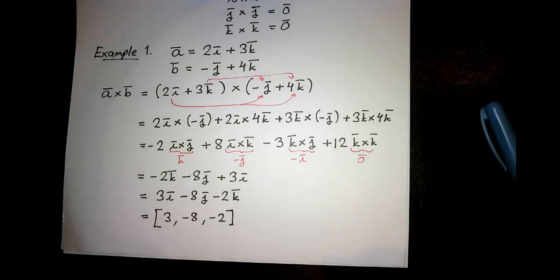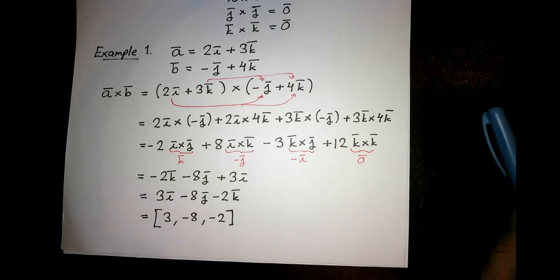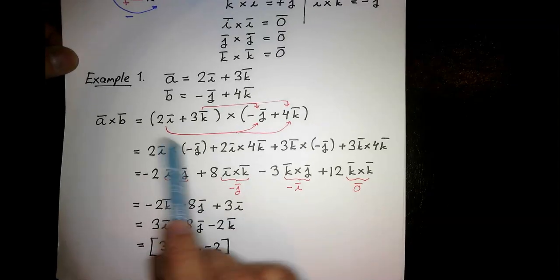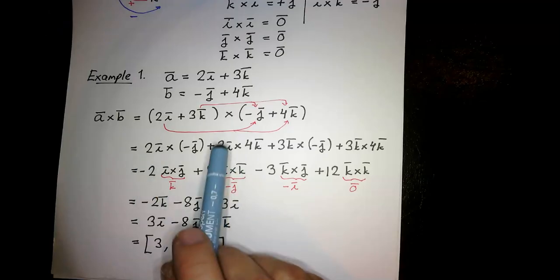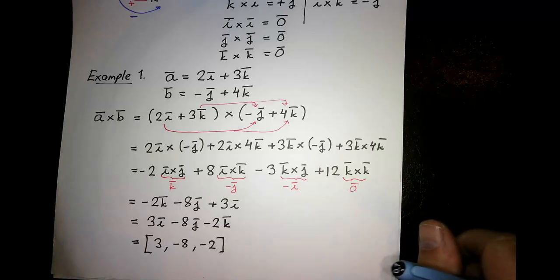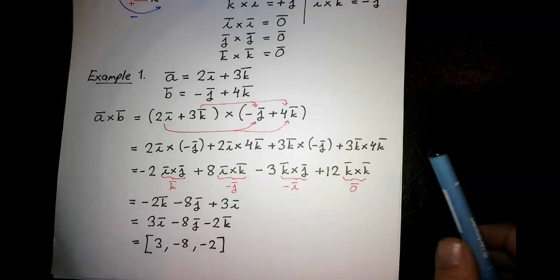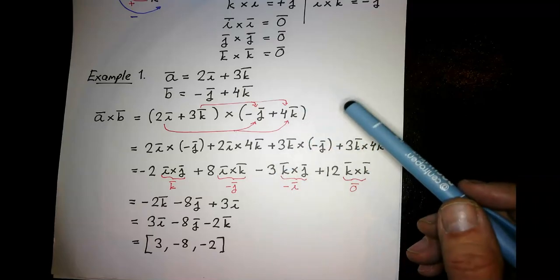Well, this is one way to solve this cross multiplication between two vectors. But there is also a little bit more mechanical way. Actually, I don't like this method here, because there are so many intermediate steps there, and there are many possibilities to make errors there. But this is best method when we have very simple vectors.